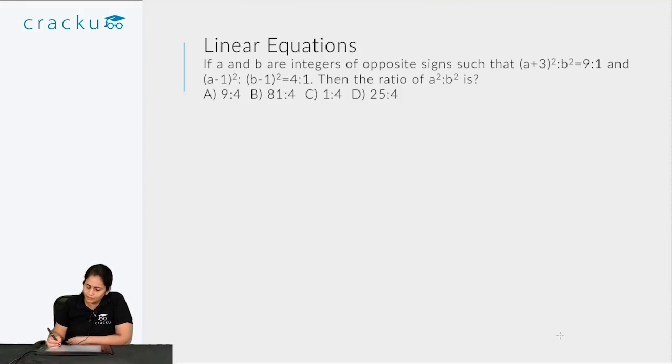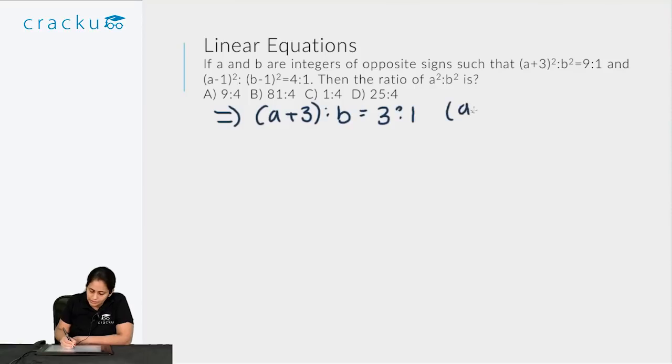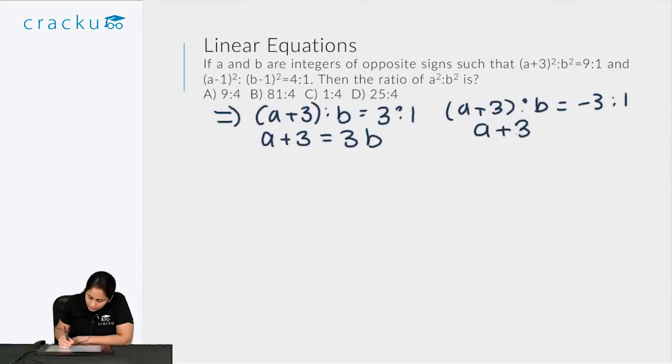So (a plus 3) the whole square to b square is 9:1. So this implies that there are two possibilities. You have a plus 3 to b is 3:1, or a plus 3 to b is minus 3:1. So let's consider both equations. If you consider the first, then a plus 3 is equal to 3b, or a plus 3 is equal to minus 3b.